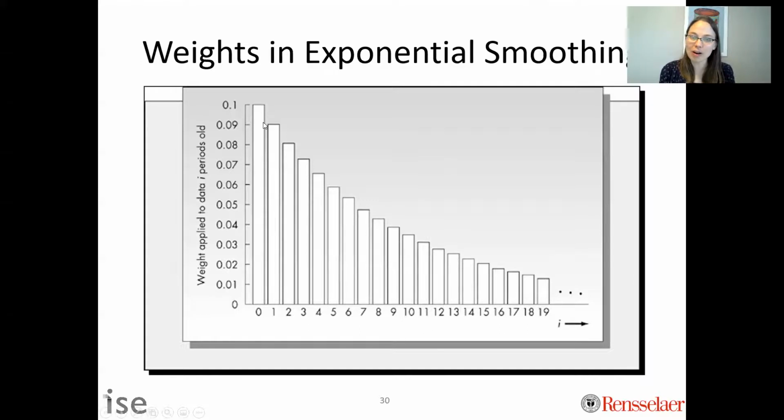With a certain value of alpha, I could make it really steep, and then it would decline really fast. Or I could make it a little less drastic. So alpha changes the steepness: how much weight do I put on a really early observation versus a late one. All values of alpha between 0 and 1 have this exponential structure, but the question is what kind of amplification we have.